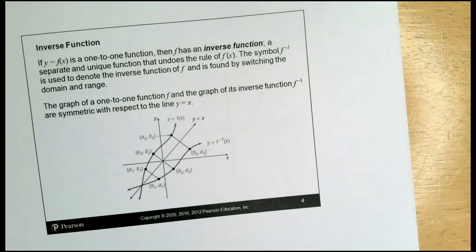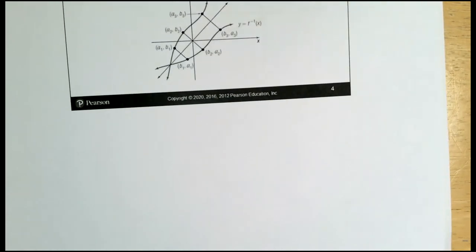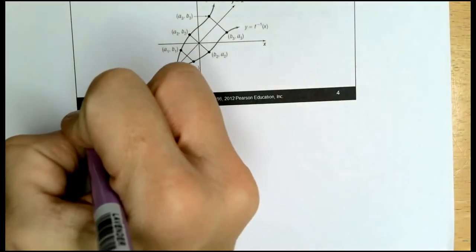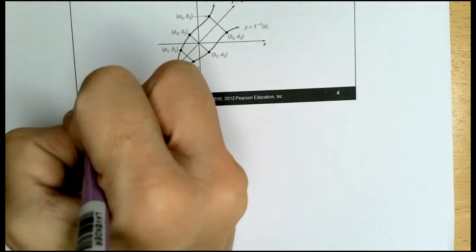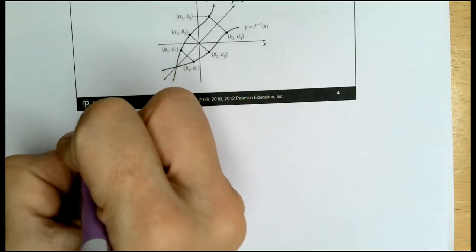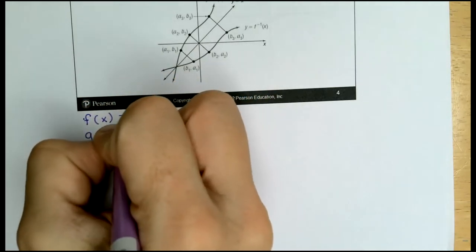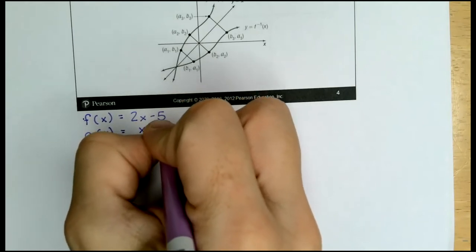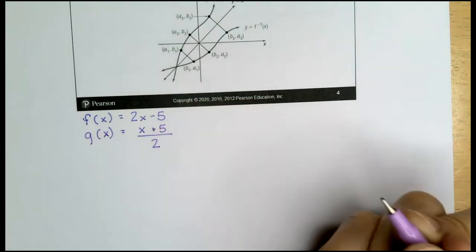Now, every 1-to-1 function has an inverse function. The inverse is the separate and unique function that undoes the rule of f of x. Okay? So remember before, in our previous lesson, we had f of x was 2x minus 5, and we had g of x as x plus 5 over 2, right?